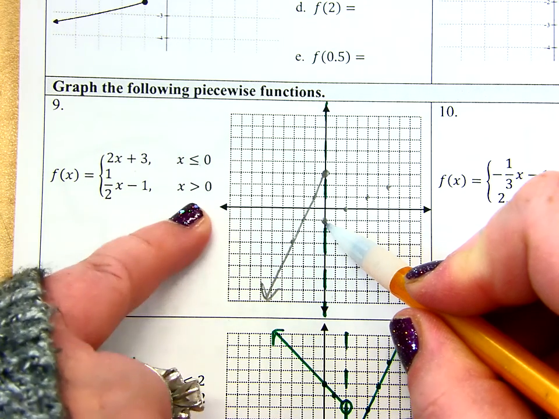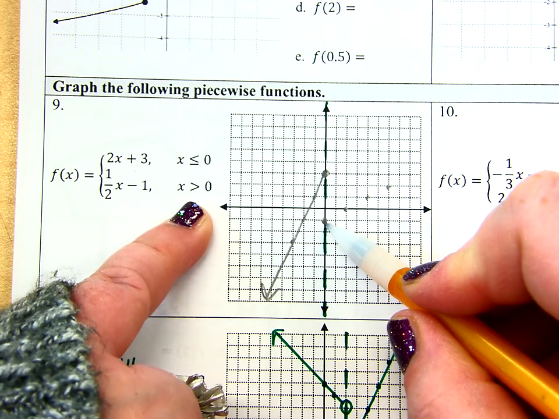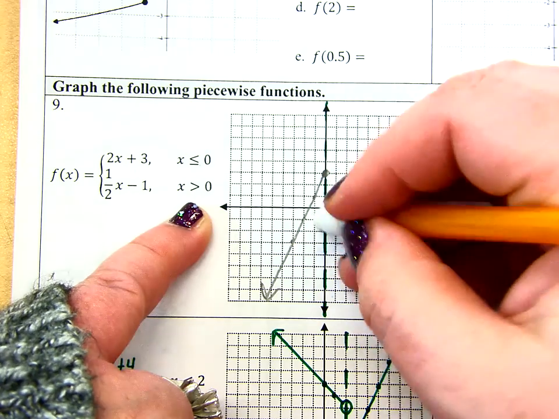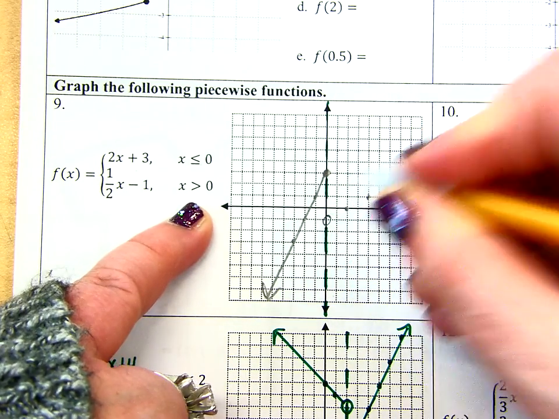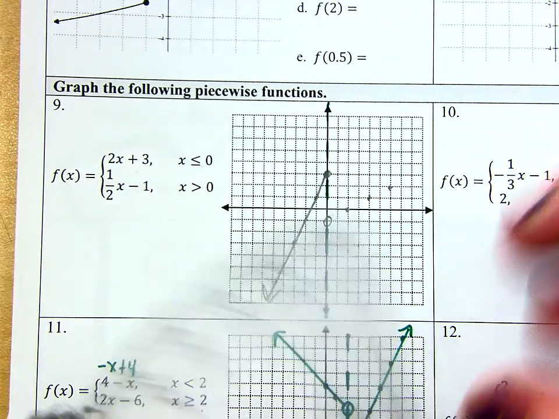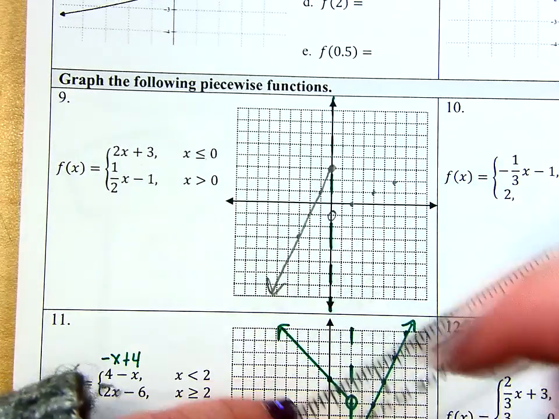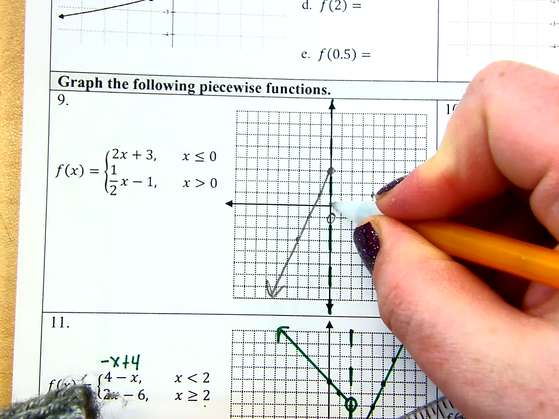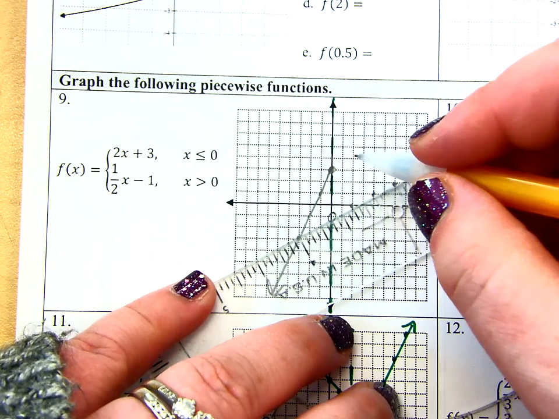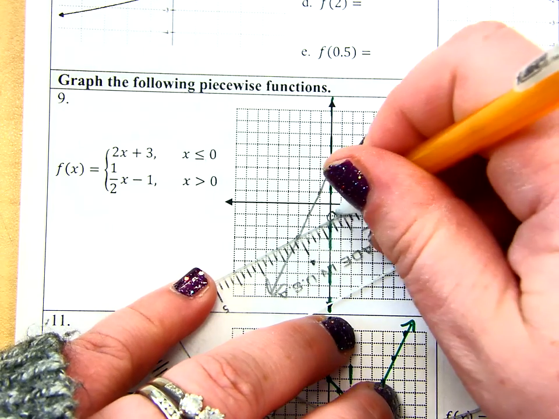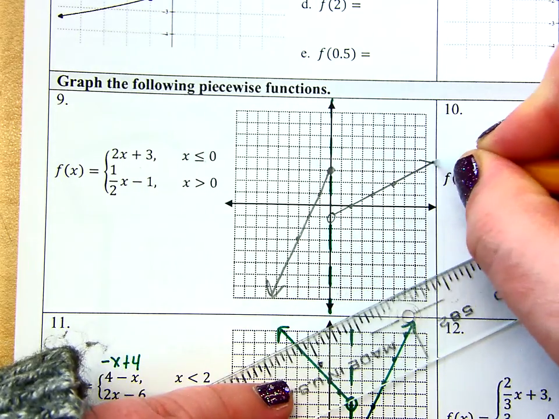It has to be open because it's x is greater than 0, not x is equal to 0. So that dot right there should be open. And make sure that it's clear that it's open. Sometimes kids make an open circle so small that it looks like it's closed. So just make sure that I can definitely tell that it's open. And there it is.